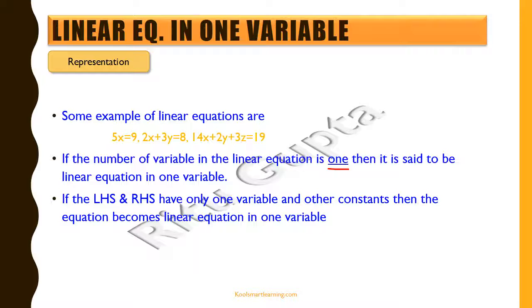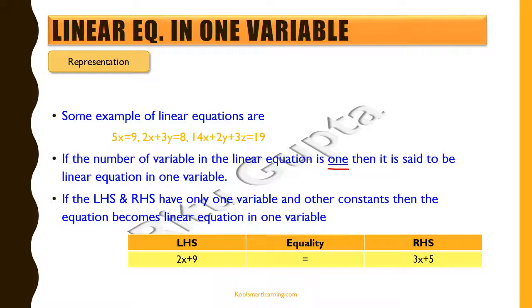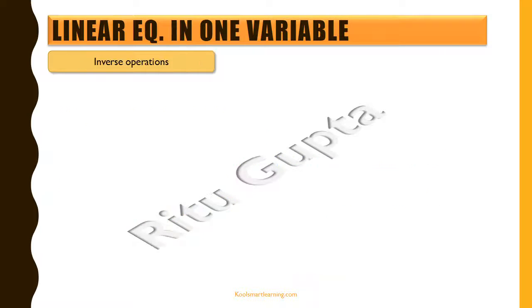So it will still stay a linear equation in one variable. An example is 2x plus 9 is equal to 3x plus 5. Now here we see that the number of variable is just one, which is x, but it is being used both on the left hand side and the right hand side, and it still is a linear equation in one variable.